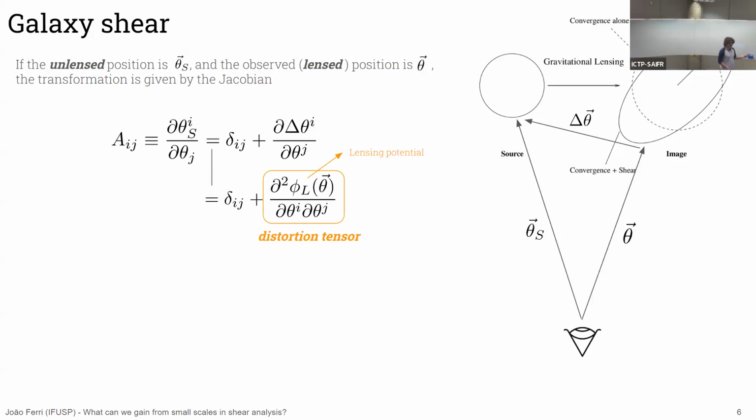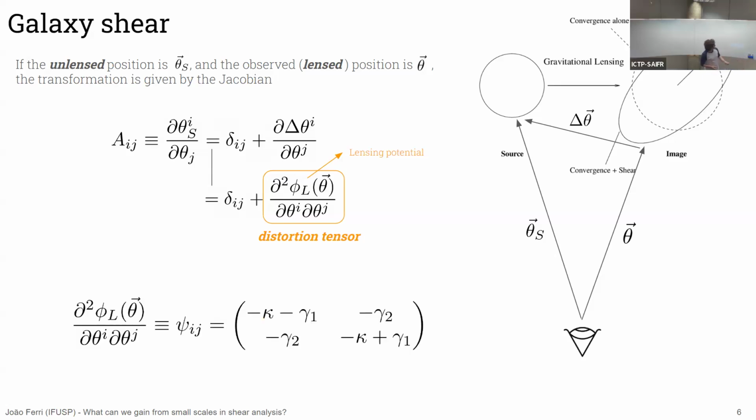And this distortion tensor is basically the partial derivatives of what we call the lensing potential, which is basically an integration of the matter field along the line of sight. But this potential is projected in the sky, so it depends only on the angles. Oh, what? The potential in principle is 3 dimensional. It depends on the 3 dimensions. But you are projecting into the sky, or do you keep it 3 dimensional?